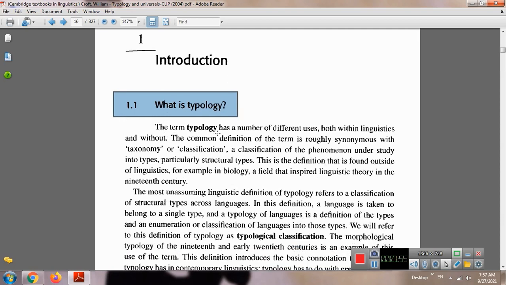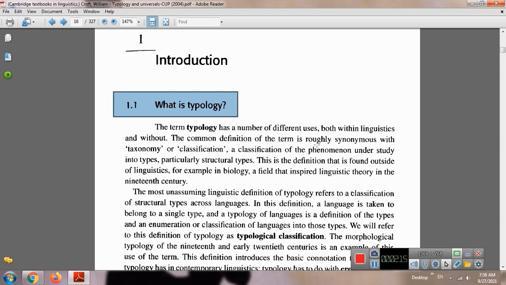The term typology has a number of different uses, both within linguistics and without. It means that typology has a linguistic definition and another definition in other fields.